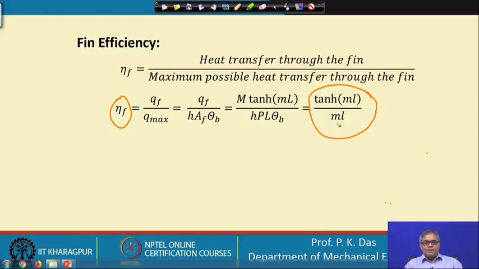From the name efficiency, it will be clear that what we are getting is less than 100%. So, the fin area will be multiplied by this. That means the fin area is not as efficient in transferring heat as the base area.